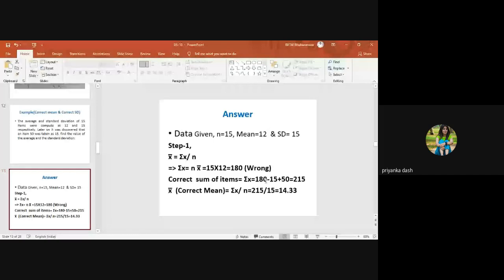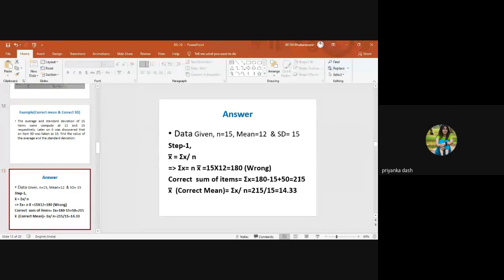In the second part of the question, one item was mistakenly taken, so I write 180 minus the wrong value 15, plus the correct value of that item, 50.